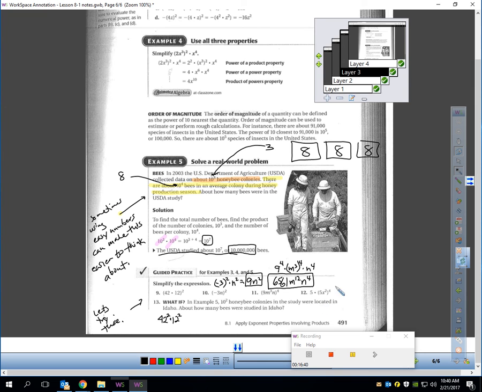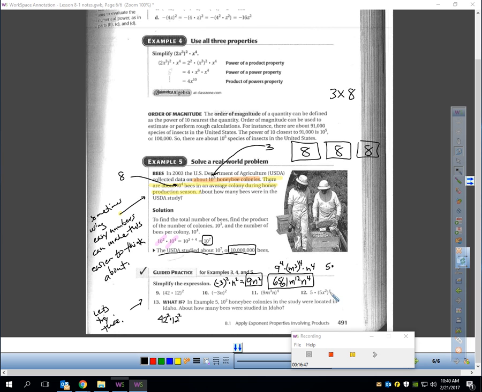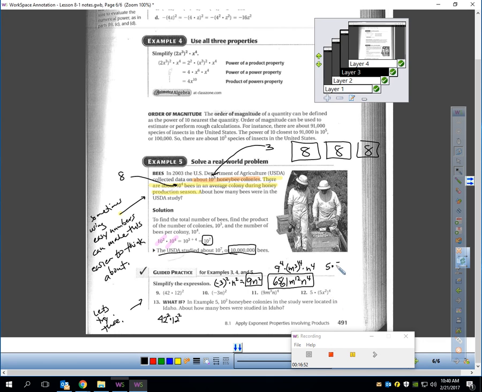And the final question here, number 12, I have 5 multiplying by, do you notice the power of a product? I have to apply the fourth power to the 5, and I also have to apply the fourth power to the x squared. So I have 5 to the 5th power, because this is over here, do you notice? I have the product of powers. I have to add my exponents. I have the same base. 5 to the 5th.